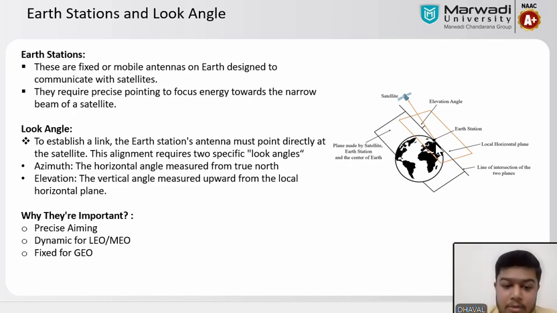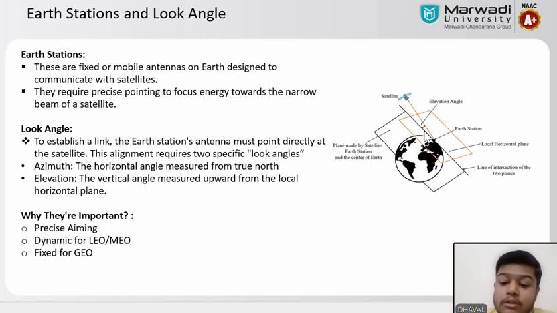Look angle. To establish a link, the Earth station's antenna must point directly at the satellite. This alignment requires two angles: elevation angle and azimuth angle. Azimuth is the horizontal angle measured from true north, and elevation is the vertical angle measured upward from the local horizontal plane.